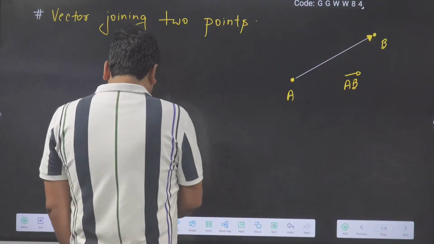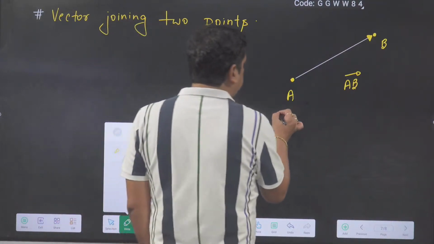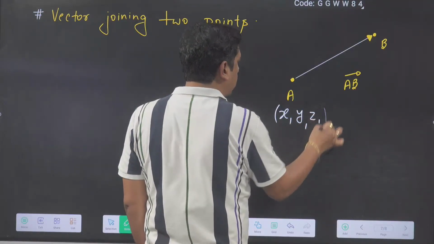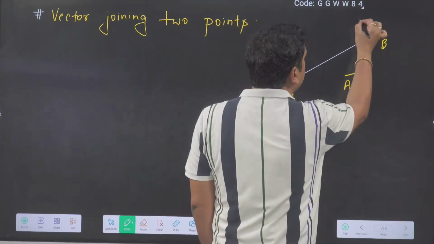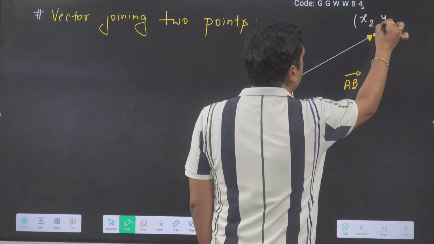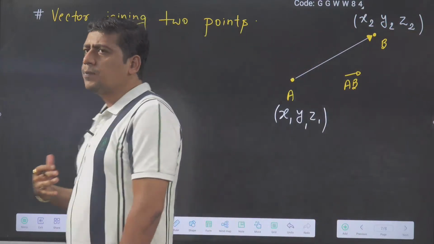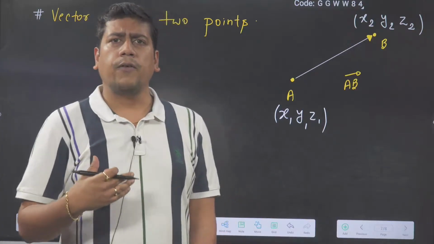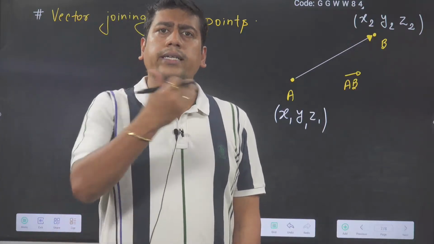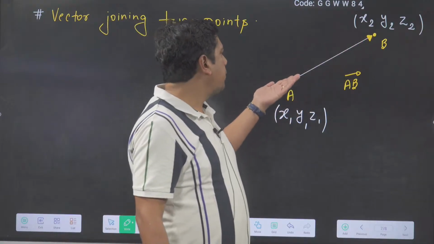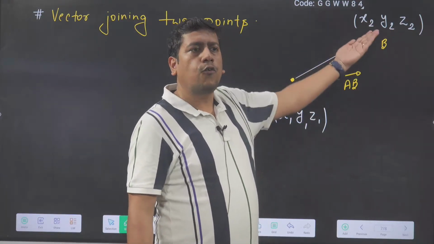So let's say the coordinates here are x1, y1, z1, and this one is x2, y2, z2. You can call this a displacement vector also. If a particle was at position A and now it is at position B, the displacement will be from A to B, initial to final.